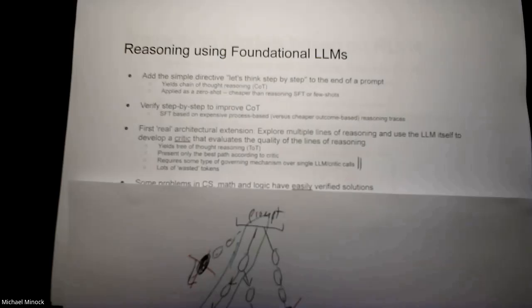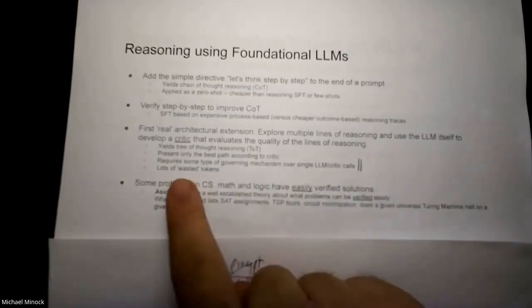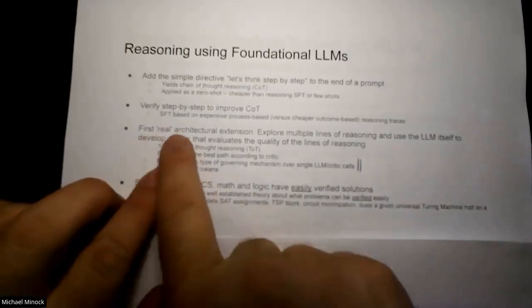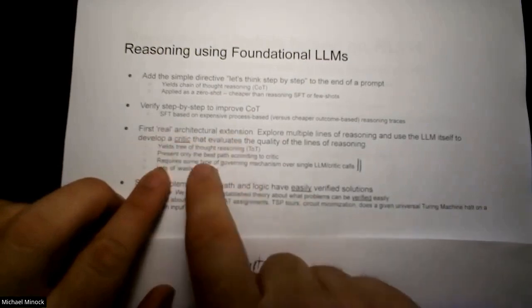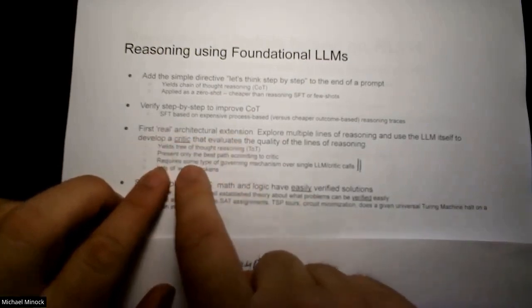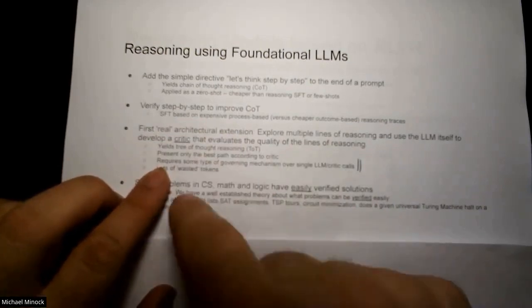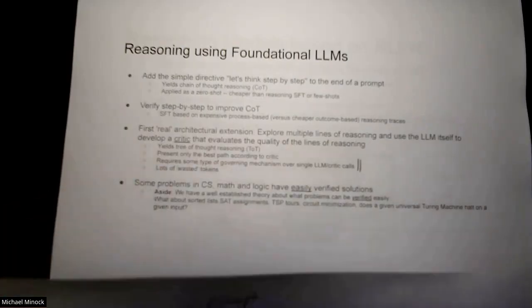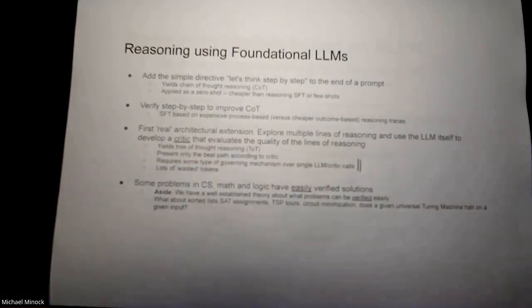The systems that innovated this didn't really show those off, so we don't really know what's going on there. But we know that this requires an architectural extension to be able to do that. Okay, so now we'll explore this in the next slide. We'll talk a bit more about that.